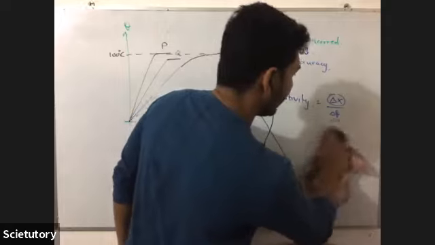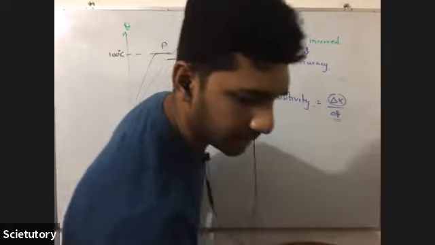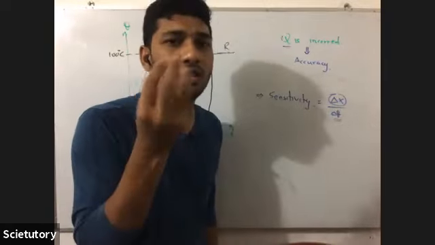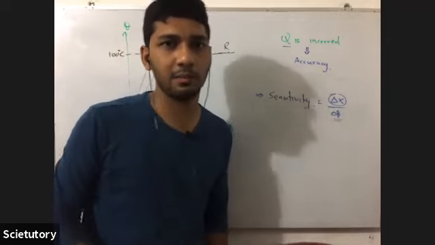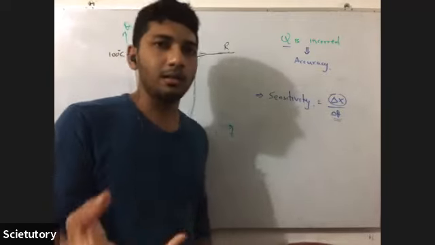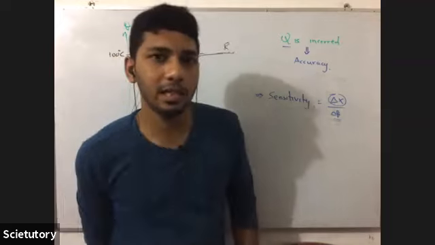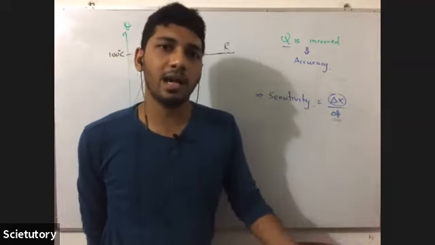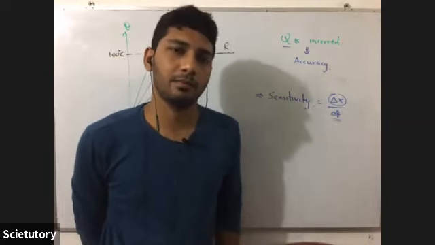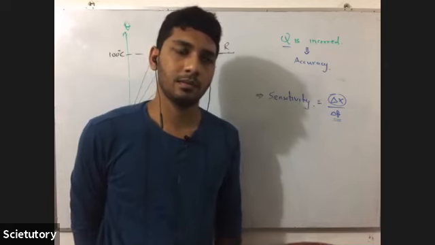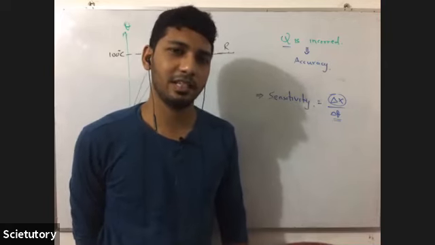So what is the advantage of having a higher sensitivity? You can actually detect even small changes, minute changes in the temperature. So among the thermometers in your syllabus, what thermometer has the highest sensitivity? So what are the thermometers in your syllabus?